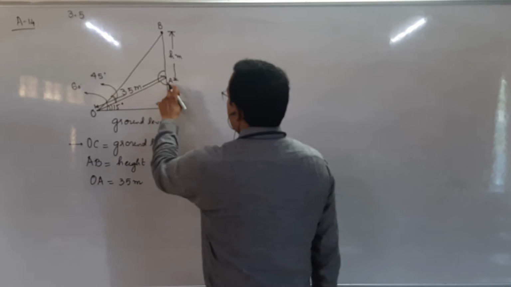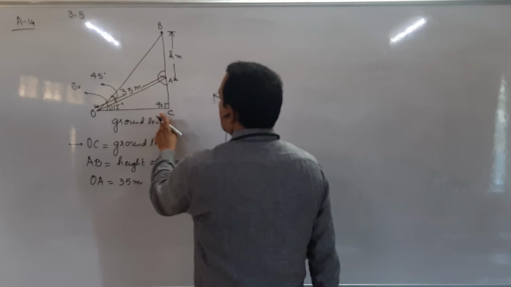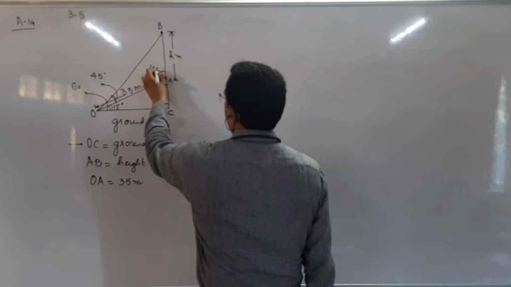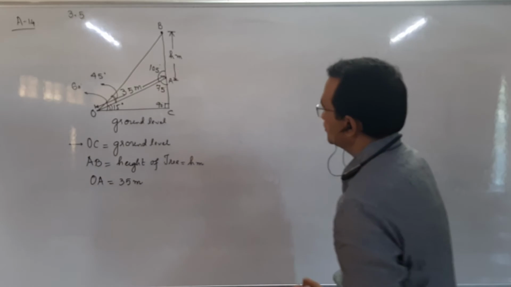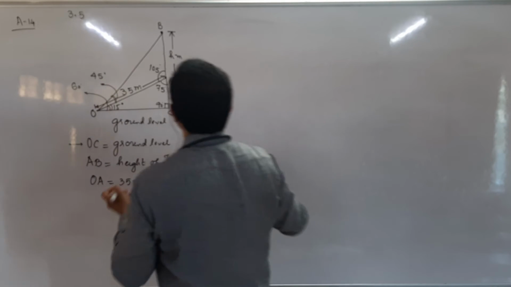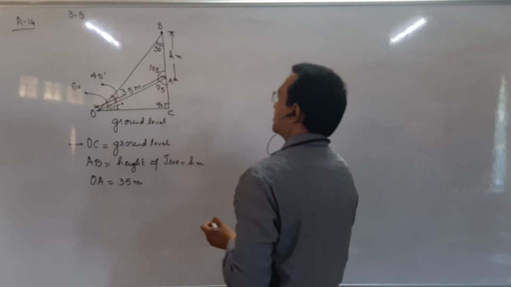Now in triangle ACO, this is 15, this is 90, 105, so this will be 75, so this will be 105. Now this is 45 plus 105, 150, so this angle will be 30. Simple geometry.